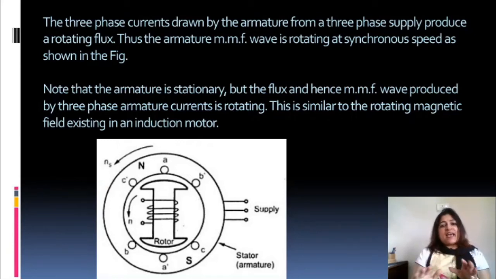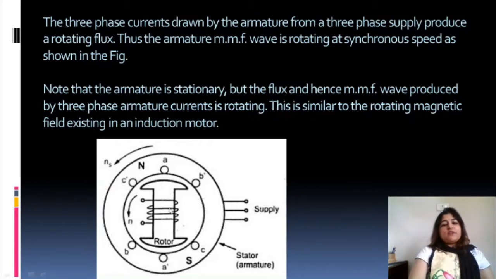Yes, it is exactly similar to the working of the induction motor. What happens in an induction motor? In an induction motor also you give three-phase supply to the stator, and hence a rotating magnetic field is produced because of the three-phase winding. A similar thing will happen here: because you are giving supply to the alternator, a rotating magnetic field will be produced which will rotate at synchronous speed.